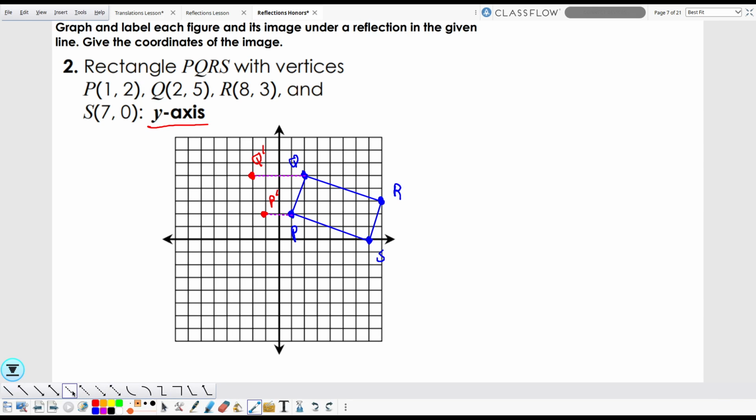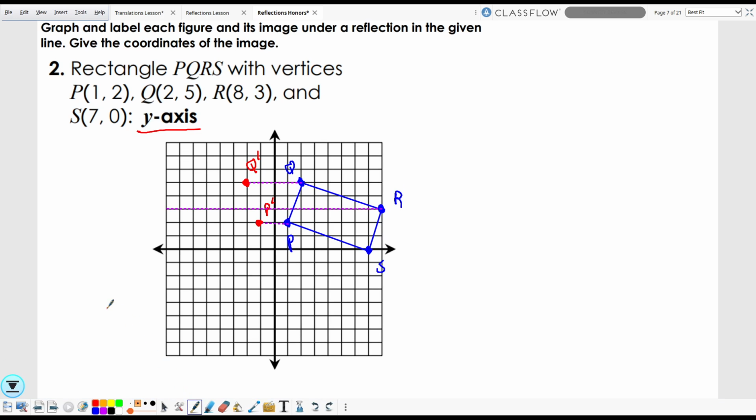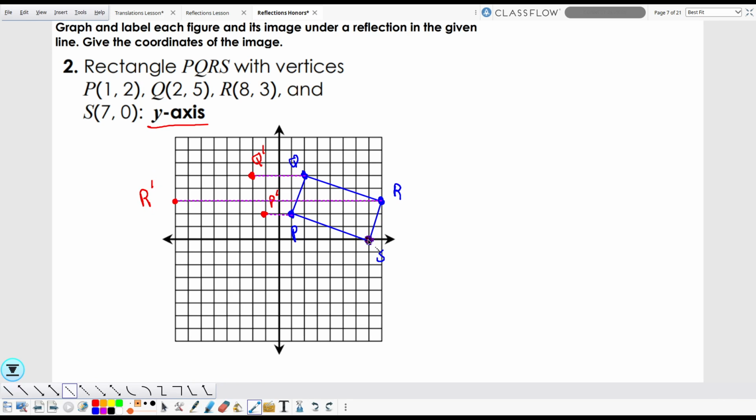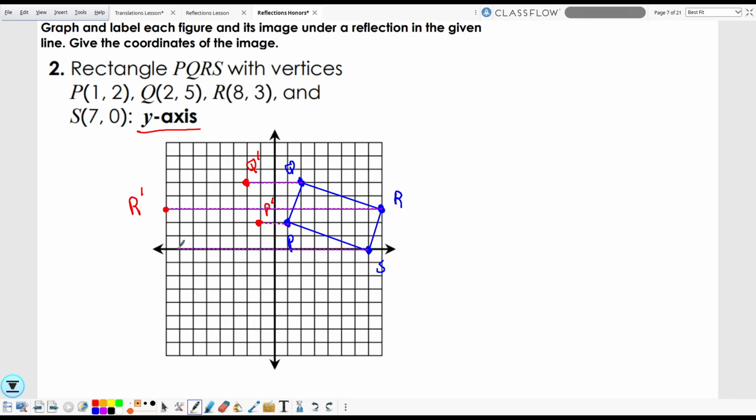Okay. R is 8 spaces away from the y-axis, so I have to count another 8 spaces away, which is right there. So R prime. And then S prime. S is 7 spaces away from the y-axis, so I have to move another 7 spaces away over here.